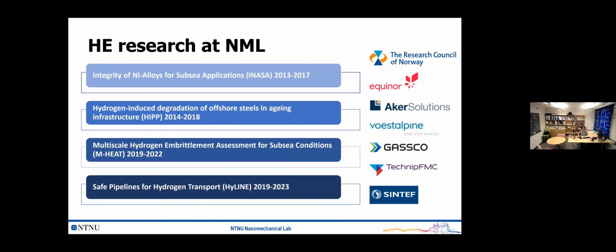From the titles you can see we changed from individual materials to a multi-scale hydrogen embrittlement assessment framework, and even for the safe transport of hydrogen. The purpose is that we could develop a multi-scale assessment framework for the prediction and prevention of the hydrogen embrittlement sensitivity of the materials.